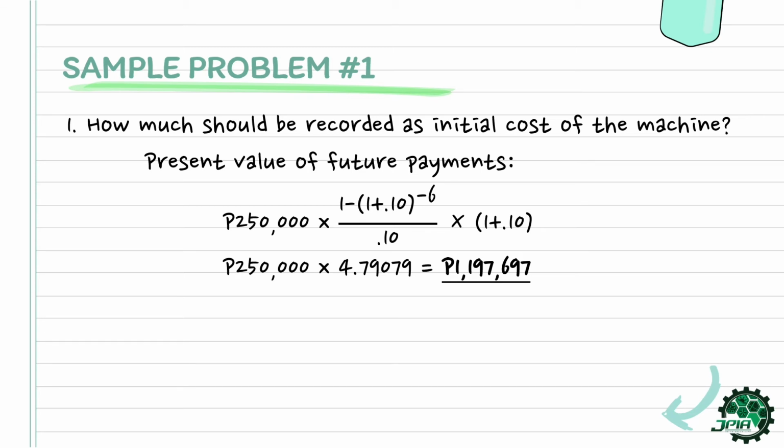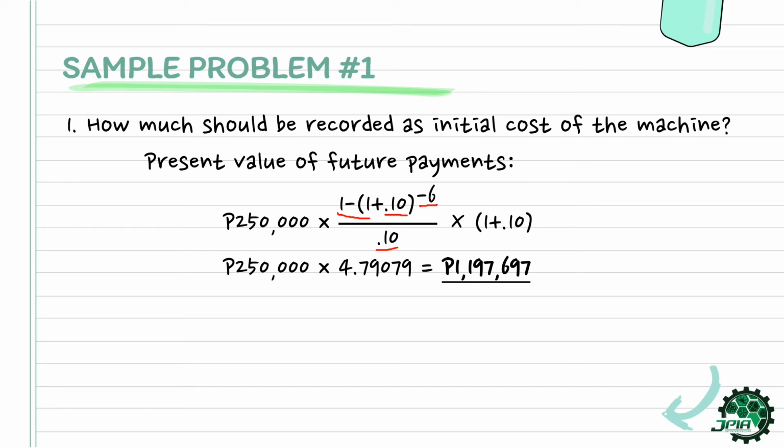The formula is 1 minus 1 plus the prevailing rate, which is 10%, raised to negative n. So, in this case, negative 6, since 6 payments ang kailangan, divided by the prevailing rate, 10%.